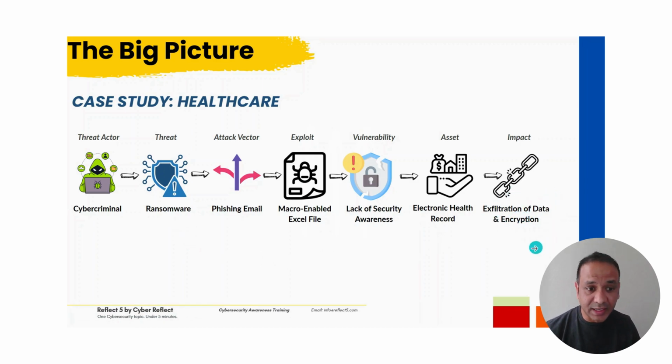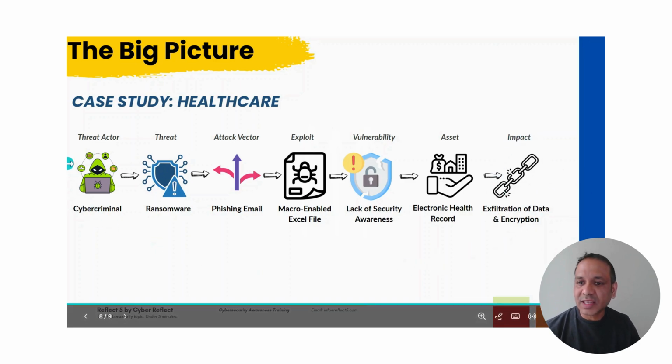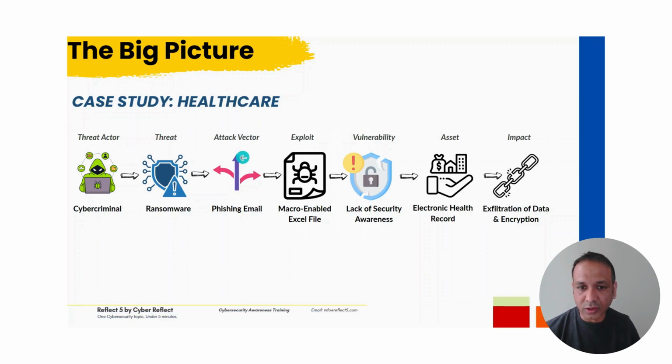So the impact here is on confidentiality. So the cyber adversary has a copy of the information of the healthcare institution, and creating encryption for data for denial of service. So this is the big picture of how a threat actor can use a threat through an attack vector to exploit a vulnerability, creating an impact in the asset of the organization.